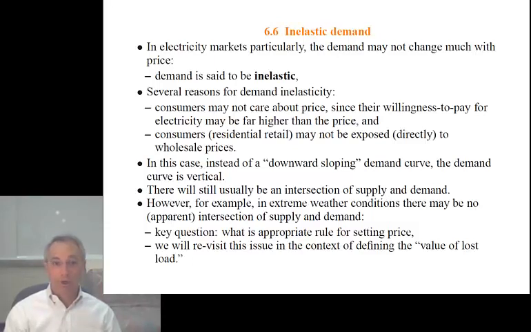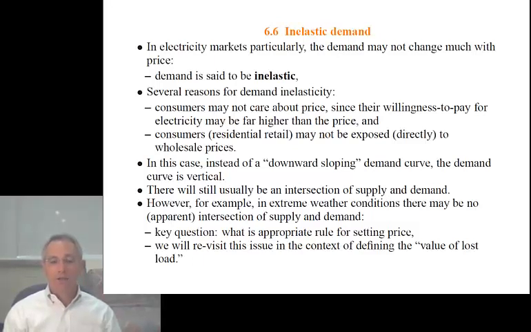Their willingness to pay for electricity may be far higher than the price. Some consumers, and this is particularly the case, at least historically, for residential retail prices, may not be exposed directly to wholesale prices, at least as they change in real time.